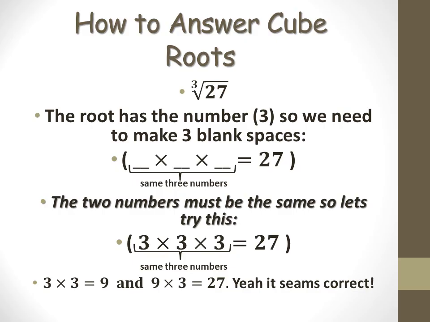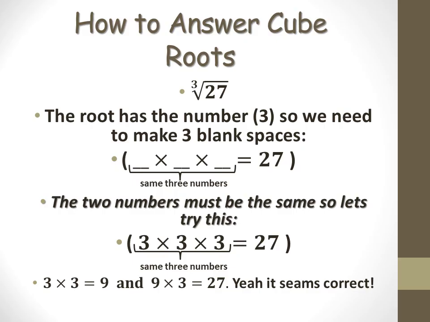So let's try this. You keep trying and you eventually find 3 times 3 times 3 equals 27. So let's check. All of the numbers in the blank spaces are threes, the same, with a multiply symbol between them. The answer is the number under the cube root, which is 27.